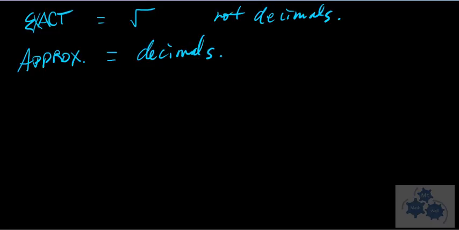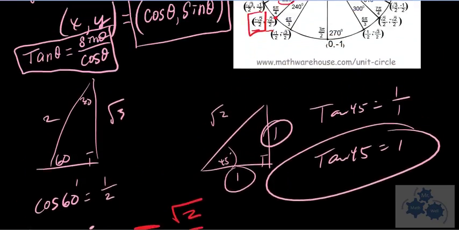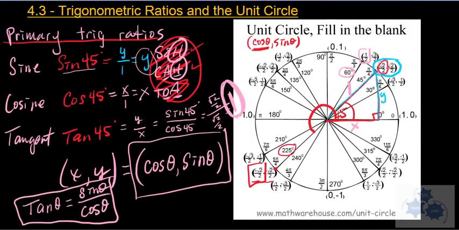We don't want to round, because if we're approaching a number, at an infinitely small distance away from the number, we're pretty concerned with the exactness of the number. So we would never write cos of 45 as 0.7. Don't ever do that. You would write it as root 2 divided by 2. Got it? Exact versus approximate.